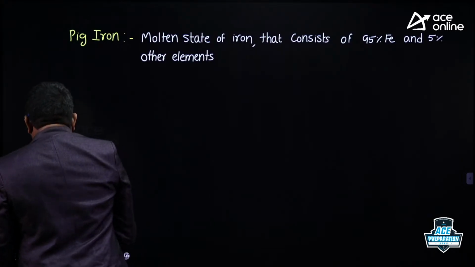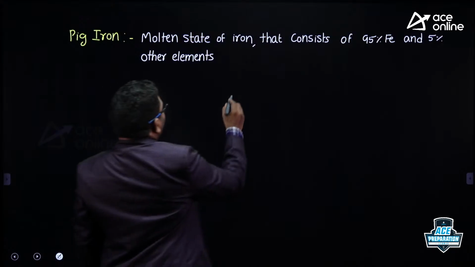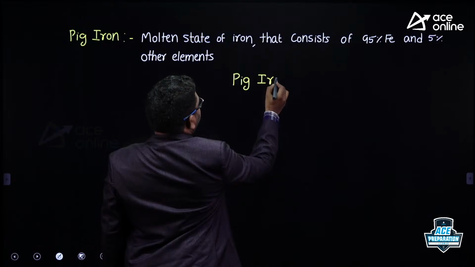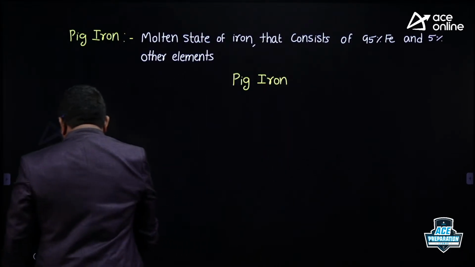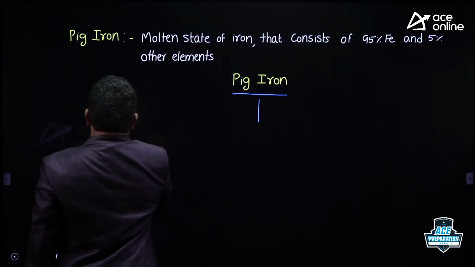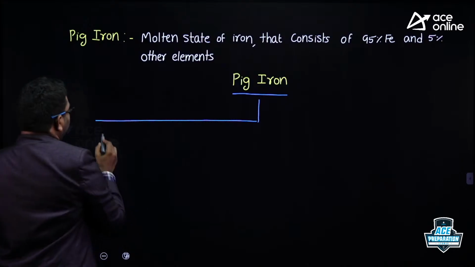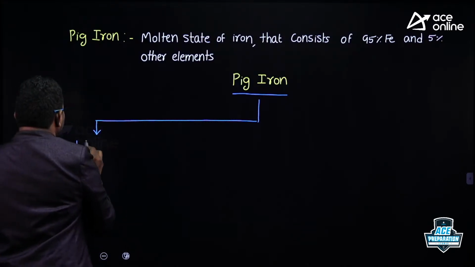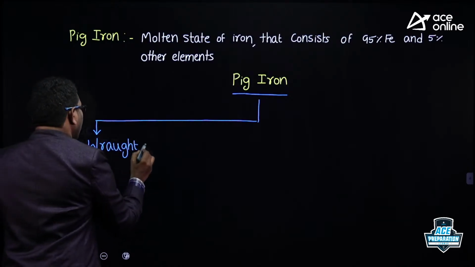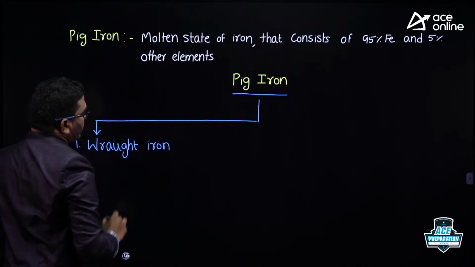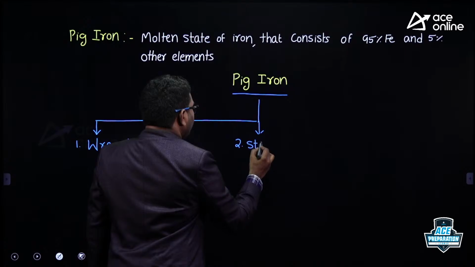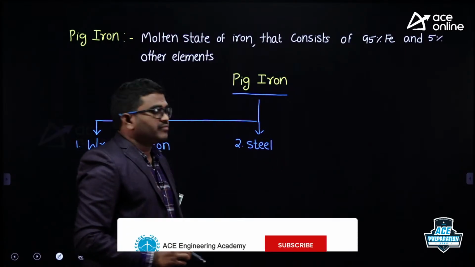Now, from the pig iron, we are producing different forms of materials. Let us consider one form of material is wrought iron. Second one is steel.